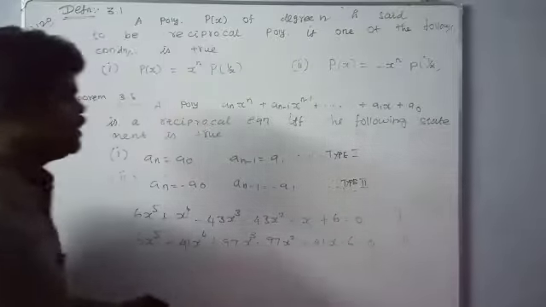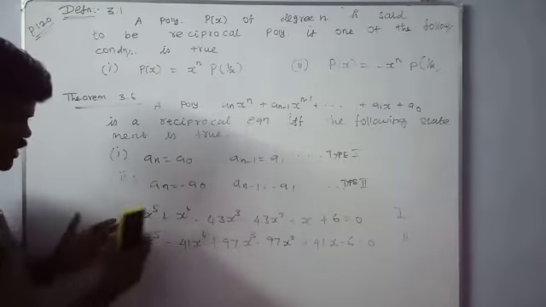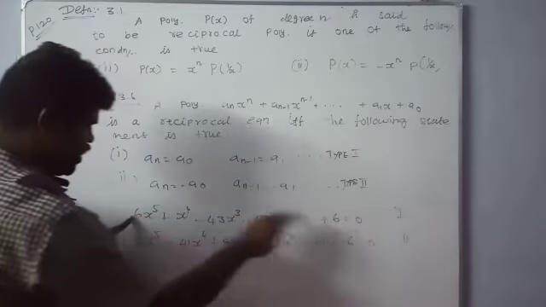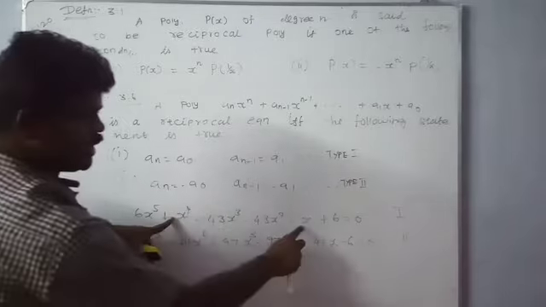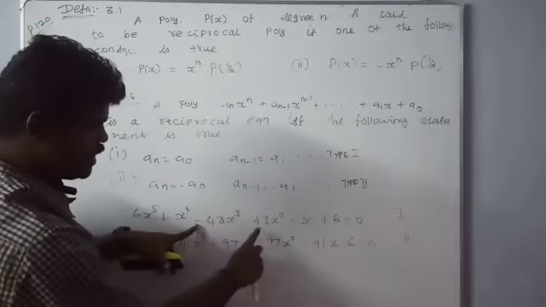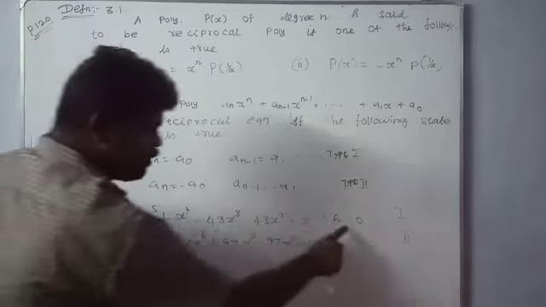This is called type 2. Here the example equation: first and last value is 6, here coefficient 1 and here also 1, here coefficient minus 43 and here also minus 43. So both are equal. This is called a reciprocal equation of type 1.